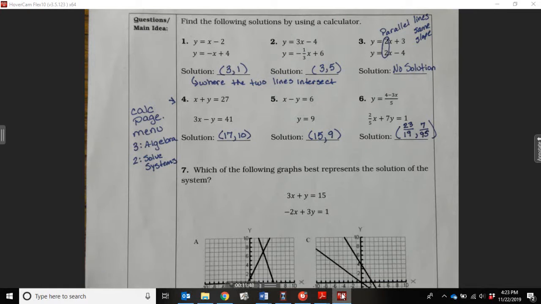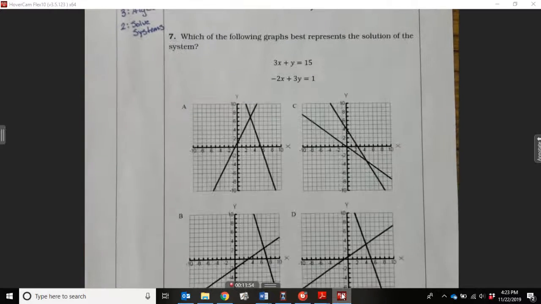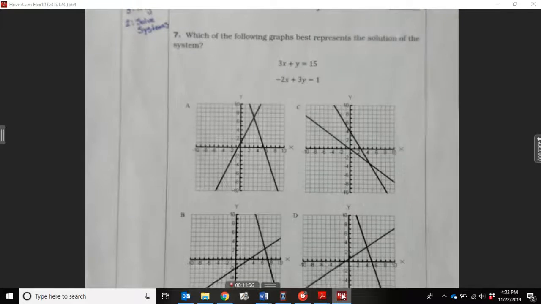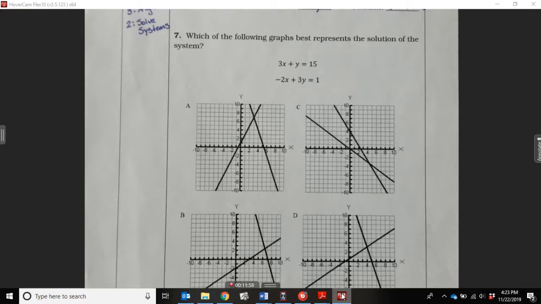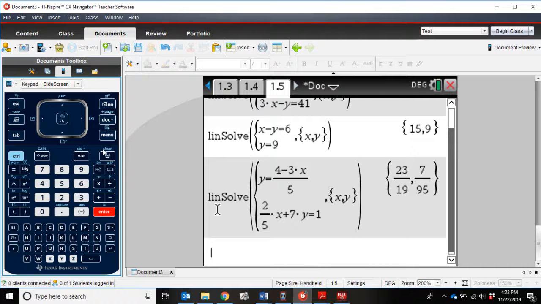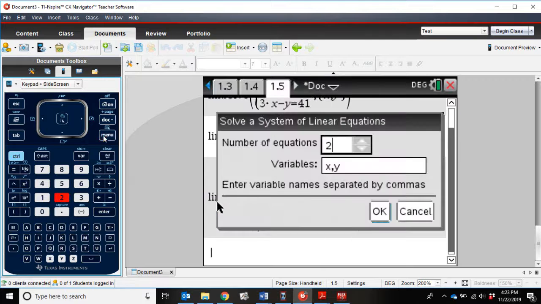Now if I look at the very last question, also make sure you write down your answer. Number 7, you could do this lots of ways. You could graph those and see which one matches. Or you could use the skill we just practiced, the calculator, Menu 3, 2, which is what I'm actually going to do. So, Menu 3, 2.